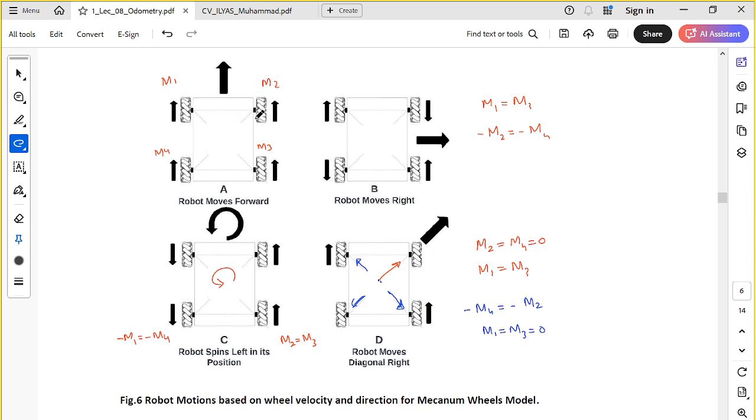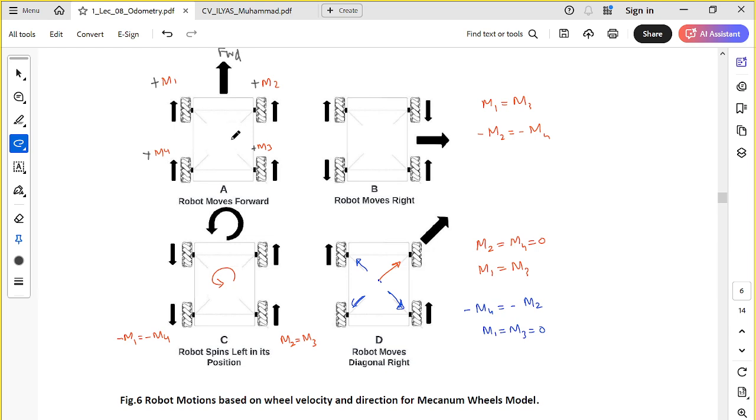If we want to move forward, we move all 4 motors in a positive direction, and the robot will move forward. If we want backward motion, we turn the sign of the motors to minus minus minus minus. Then the robot will move backwards.